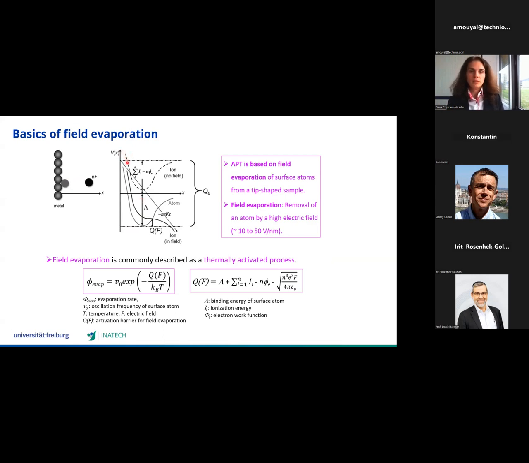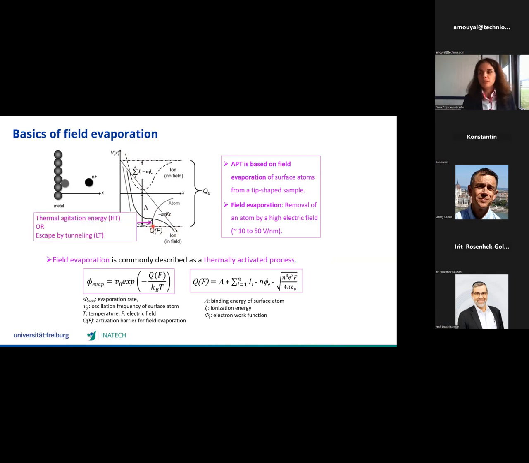Now, if we have it in ionized state, we see already that this potential barrier is slightly reduced. But the big advantage is that if we apply a field, the potential curves change strongly. You see here how the potential curve for an ion changes when we apply a field. Basically, we end up with a very small activation barrier for field evaporation, QF, that we need to overcome so that we have field evaporation.